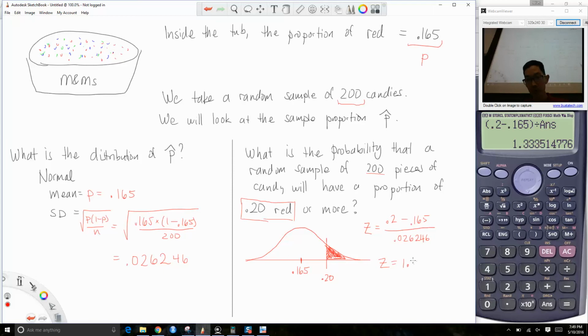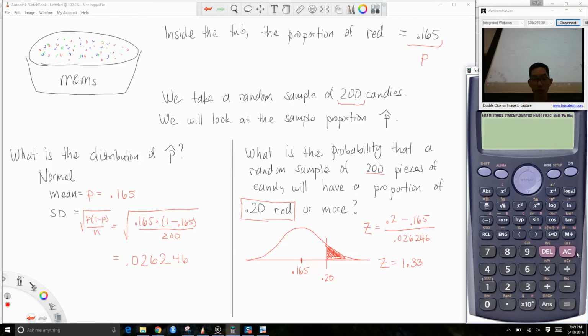Maybe you rounded off your number and you got 1.34 or something, but something very close. Your z-score should be something around 1.33. You guys still with me? Why did you divide it by 0.02646?